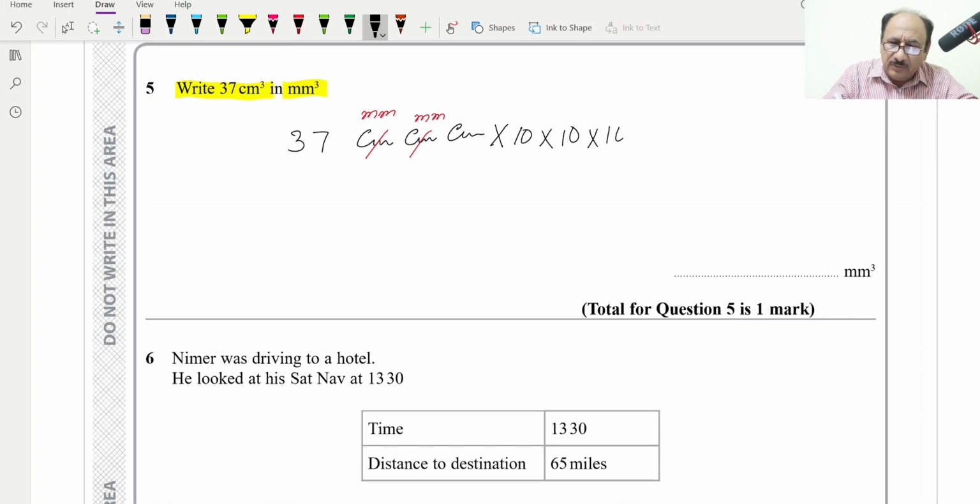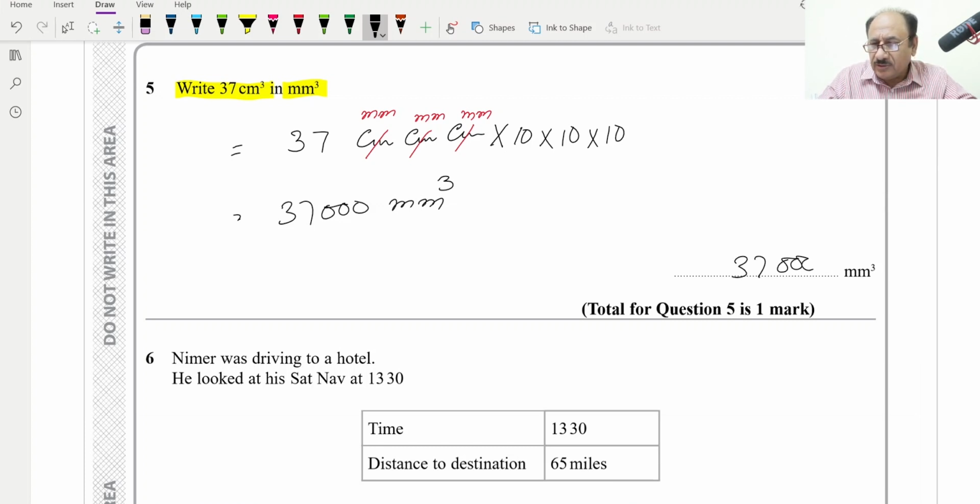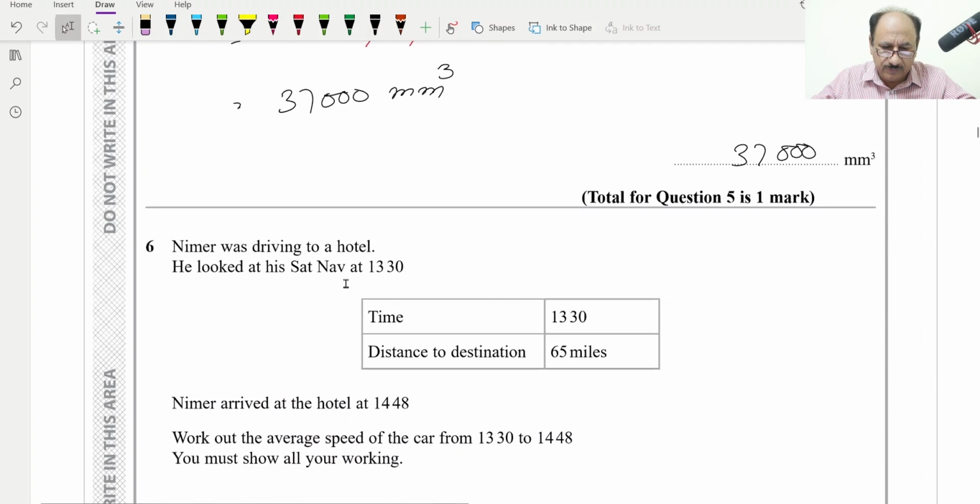Again we will multiply a third time by 10 and this centimeter will also convert into millimeters. Now our 37 will be multiplied by 10 10 10, so it will be 3 zeros, and this will be millimeter into millimeter into millimeter, which is millimeter cube, and so the answer will be 37000. Hopefully you understood this.